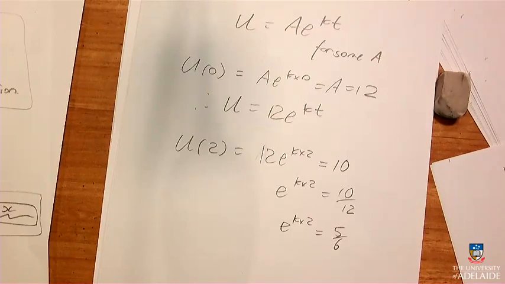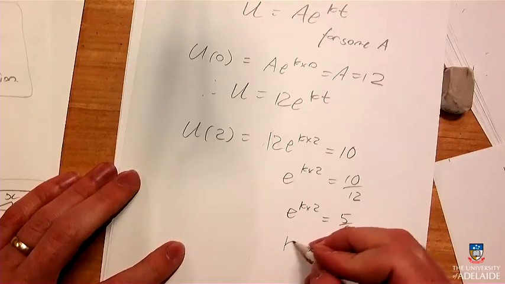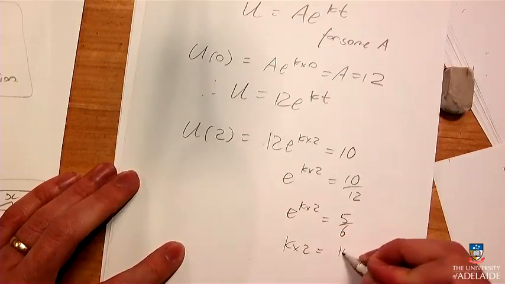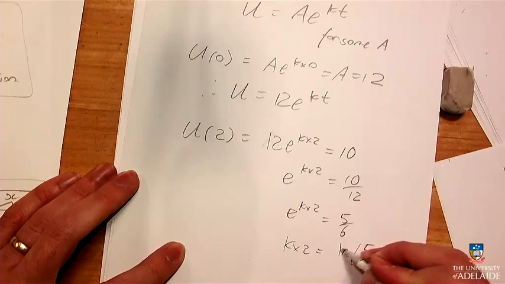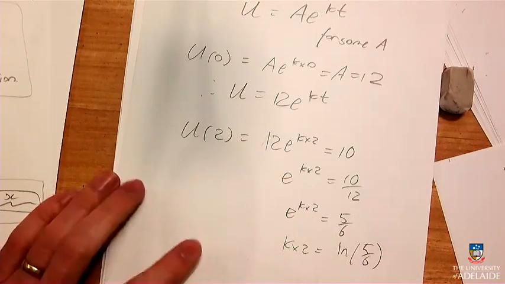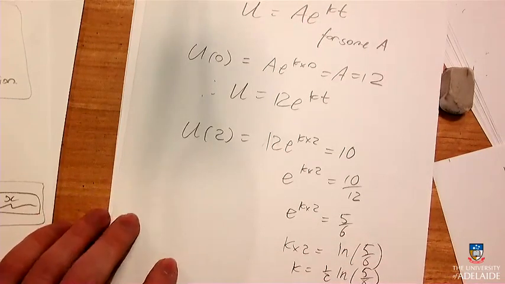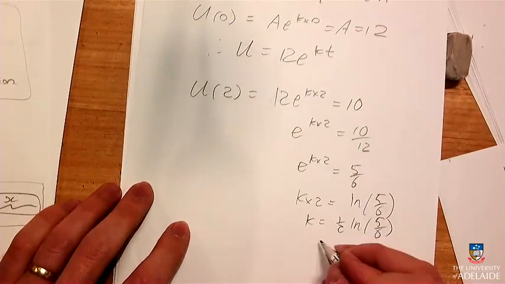So I could do ln on both sides, then ln of e to the something, they cancel each other out, and I would get that k is whatever this is. You could figure that out with a calculator.